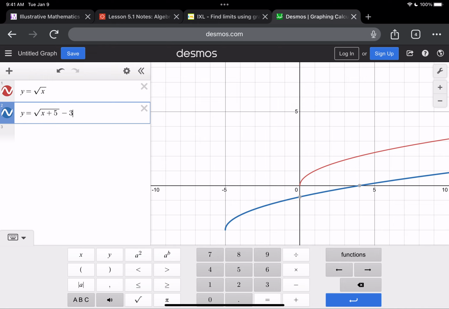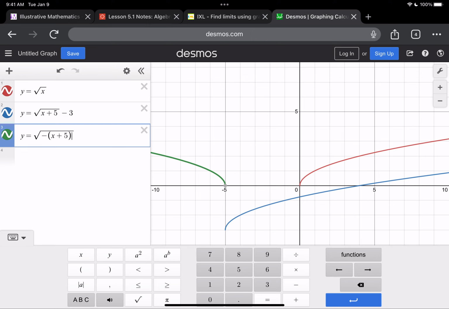Finally, the last step is for me to do y equals square root of negative parentheses x plus 5, close the parentheses. So you can already see this graph moved to the left 5 spaces and then it flipped, right?